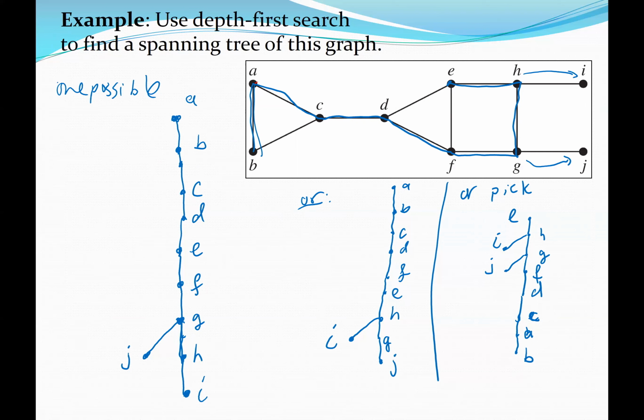Which vertex do we put as the designated root? All right, that's the idea of depth first search. But we try to create the longest chain possible. Okay, so that's the idea. So again, everything have to be exactly the same as the original graph, right? So I and H, they are together, J and G, they together, things like that. Okay.